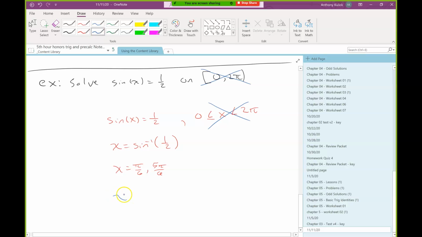Well, I'm going to say I want the solution pi/6, and then anything that, and the way we say that is just say plus 2 pi k, where k is a value in the integers. So remember, the integers are your positive or negative whole numbers.